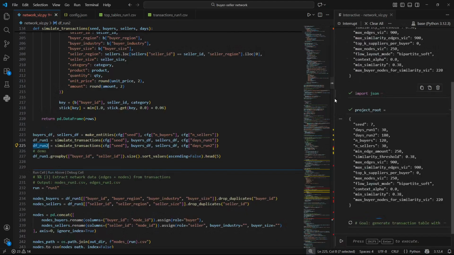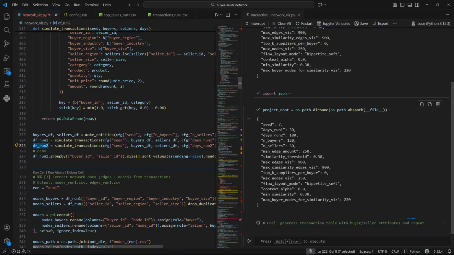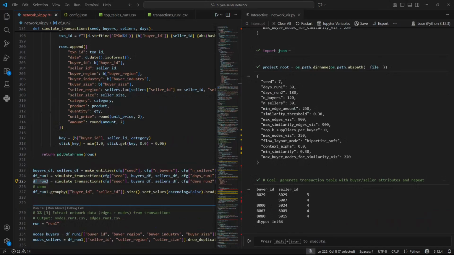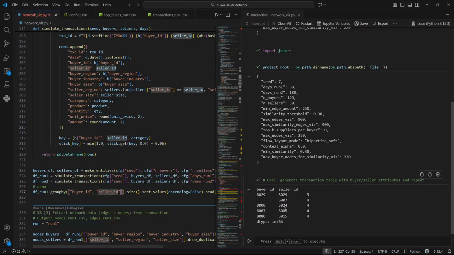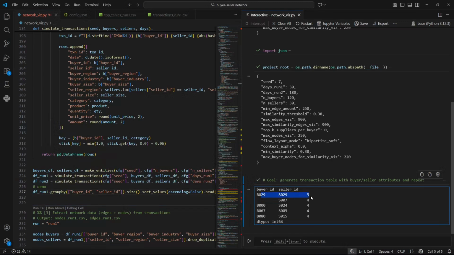So if we look at it now, let us run this. I just ran this one, and you see that I can look at buyers and sellers and look at the most frequent nodes, the edges that I had. For example, we had 5 transactions between them, and it seems that this buyer is going to be one of the hub players on the buyer side because it is active in 2 frequent deals here.